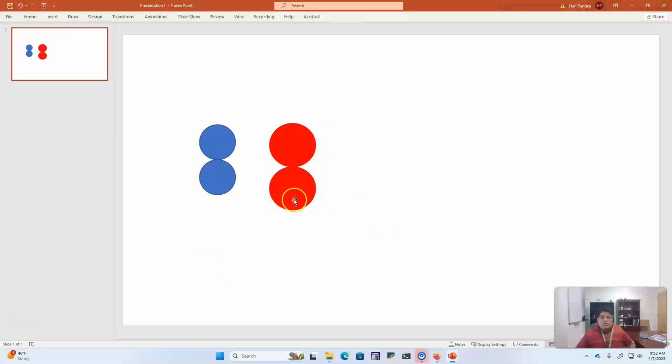We have two types of atoms here. This is molecule 1, and this is molecule 2.